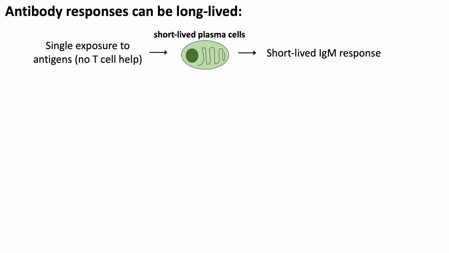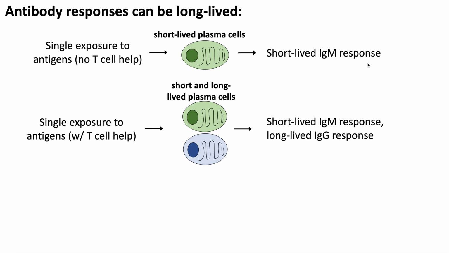Just to sum up, a single exposure to antigens with no T cell help will result in the formation of short-lived plasma cells and short-lived IgM responses. But a single exposure with T cell help can also induce these short-lived IgM responses, but will additionally induce long-lived IgG or IgA or IgE responses.